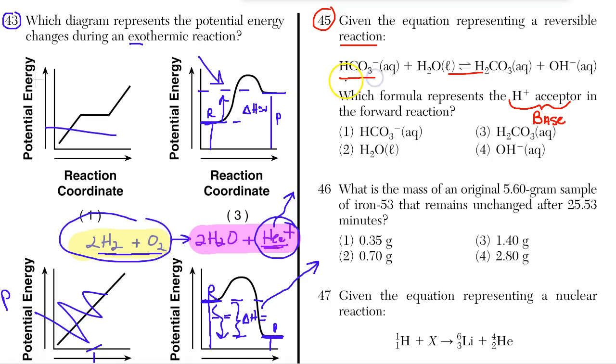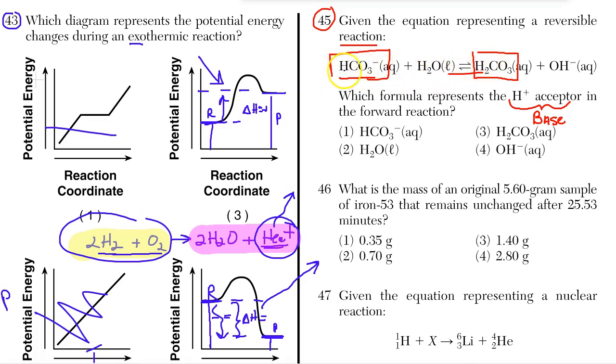HCO3 negative, this is the bicarb ion or hydrogen carbonate, in the future becomes H2CO3. Look at that for a second. In the future, this guy has one more. How'd that happen? How can HCO3 grab an H plus? Notice it was a negative charge, and notice in the future, going in the forward direction, it has one more H and there's no more charge, because if I add a positive to this, it becomes neutral.